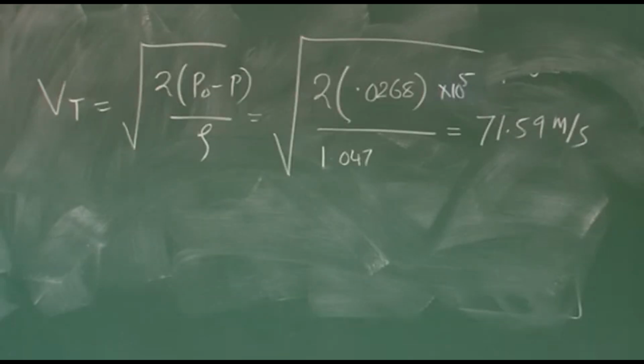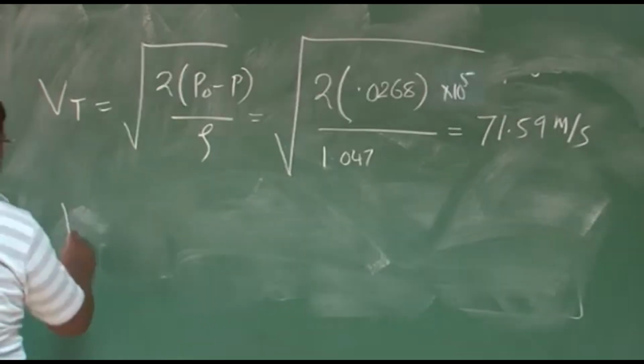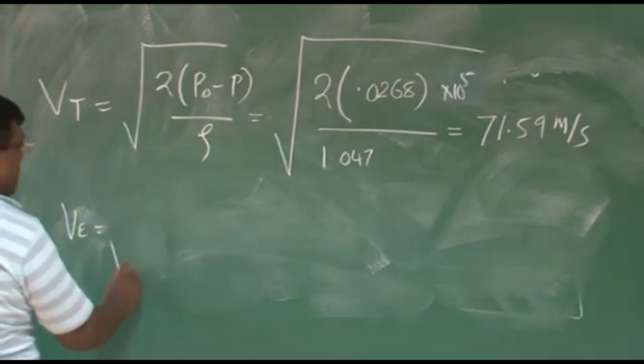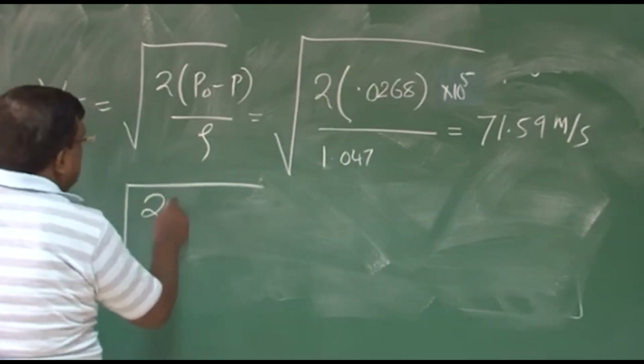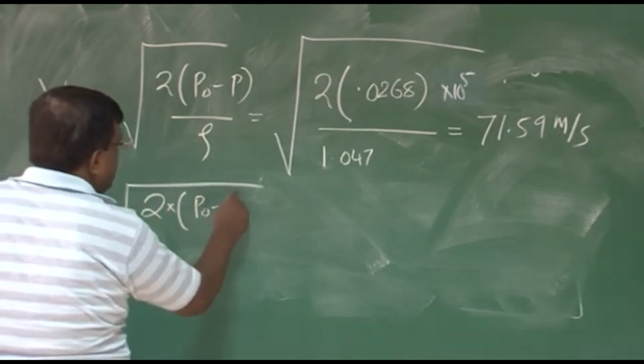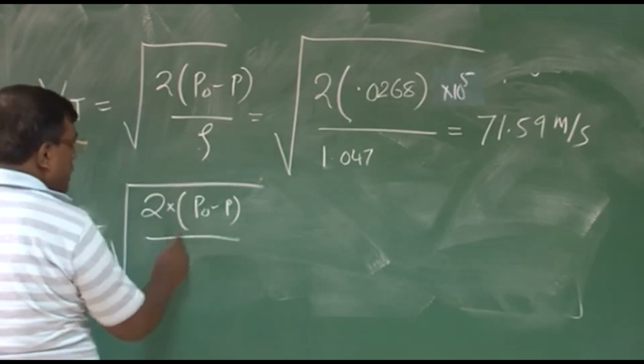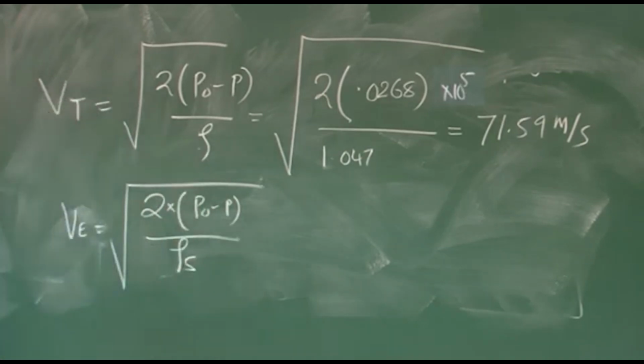Now let us find out the equivalent airspeed. What will be equivalent airspeed? That will be the same thing, square root of 2 into P naught minus P, but instead of rho, it will be rho S, the sea level standard value of density. So what is the message?